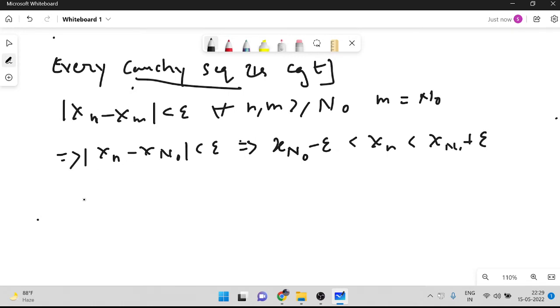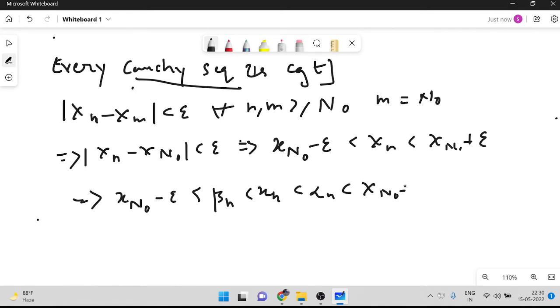Now by the previous method, let alpha n be the supremum of the sequence and beta n be the infimum of the sequence. So you get beta n less than xn less than alpha n less than xn naught plus epsilon. You can choose epsilon arbitrarily small, right? Okay.